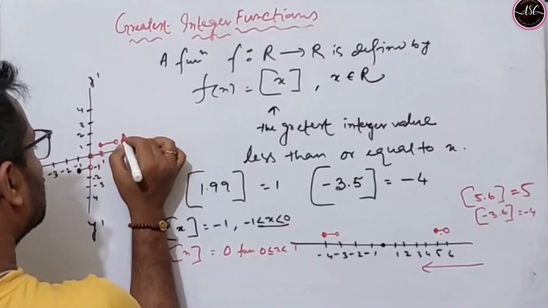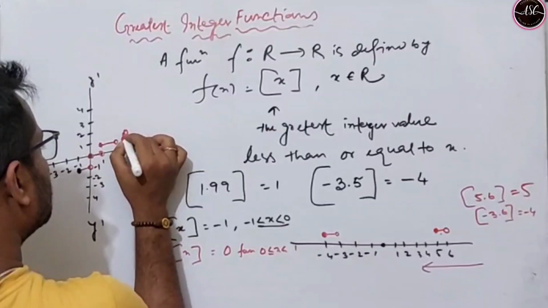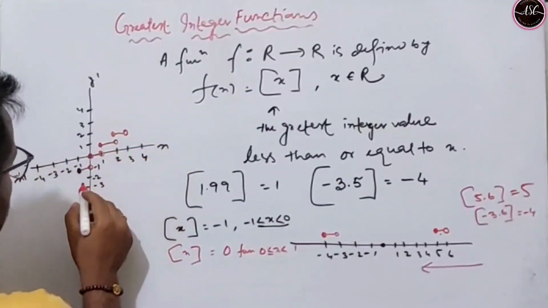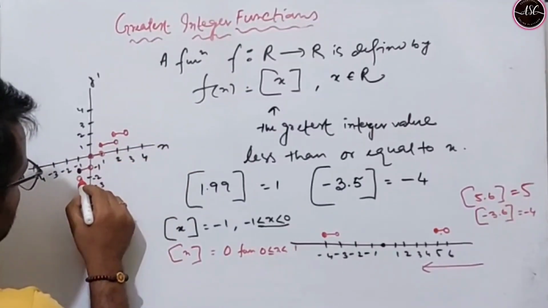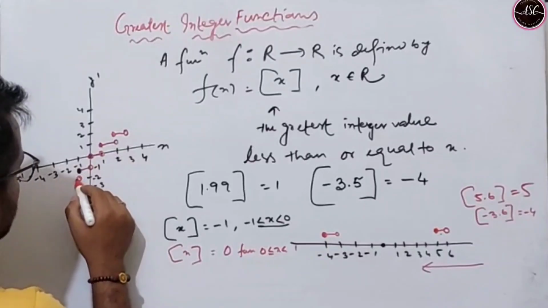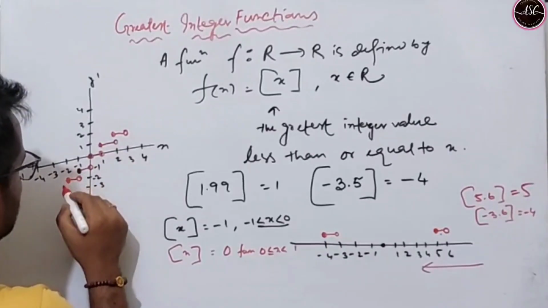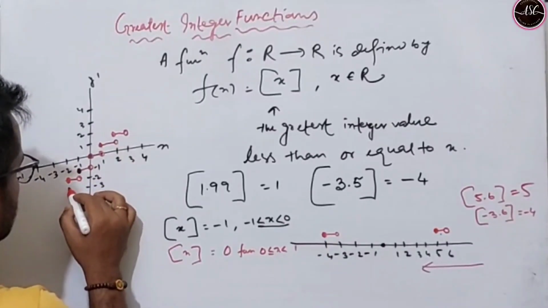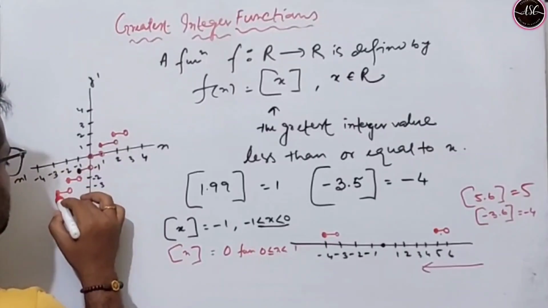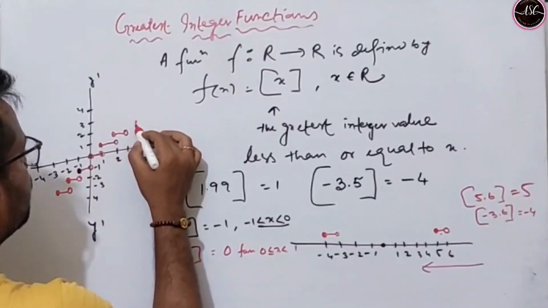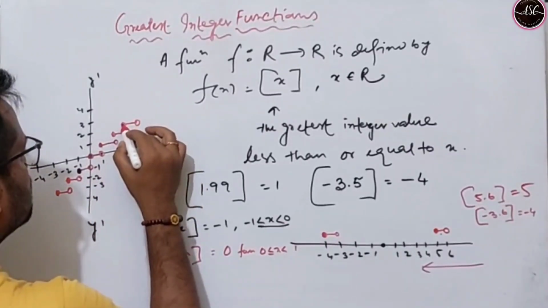If 2 to 1, there is open, here is closed. If 3 to 2, there is open in 3 and here closed. Similarly minus 1 to minus 2, here is closed. Minus 2 to minus 3, here open, here closed. Similarly, 4 here open, here closed. Okay.